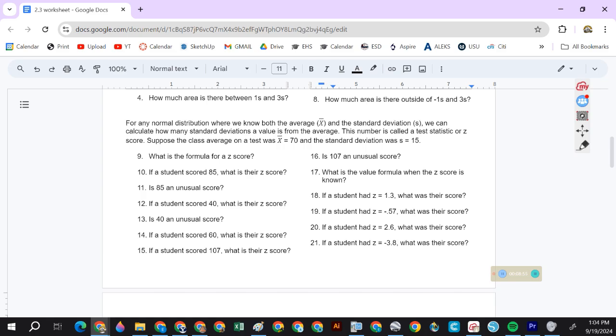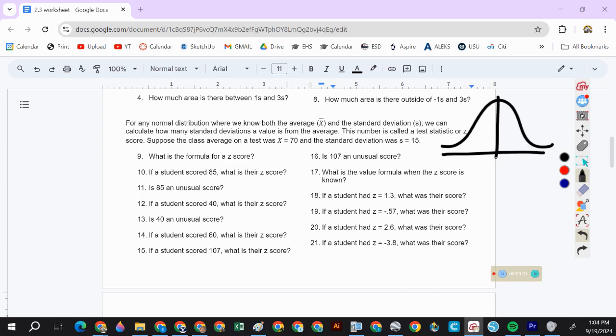How would we calculate that formula? So what this is asking is, if I draw my normal curve and I have 70 plus or minus 15, I want to transfer that information onto the standard normal curve, where 0 is in the middle and 1 standard deviation is there and negative 1 is there.